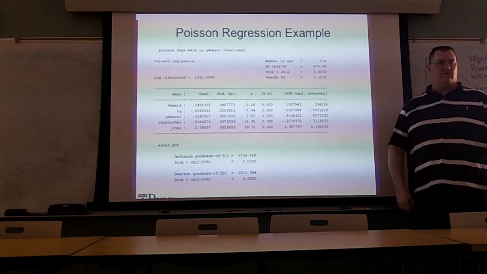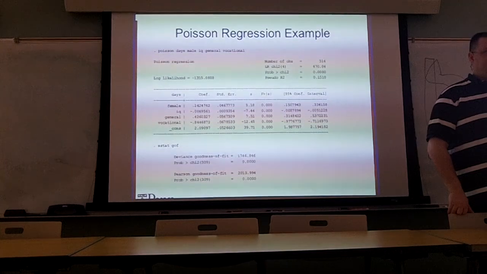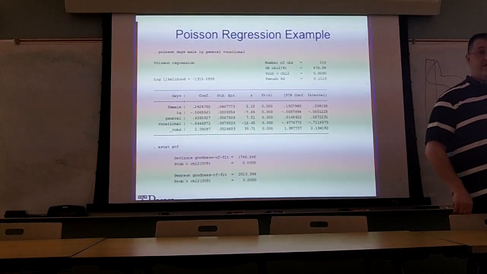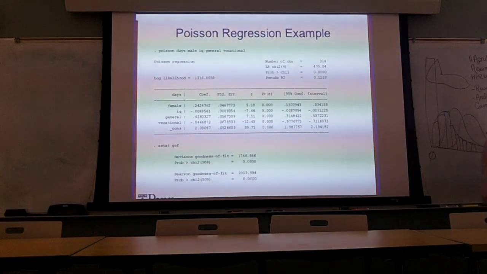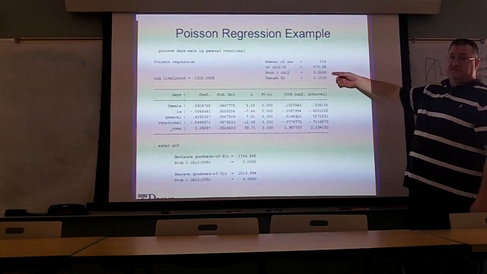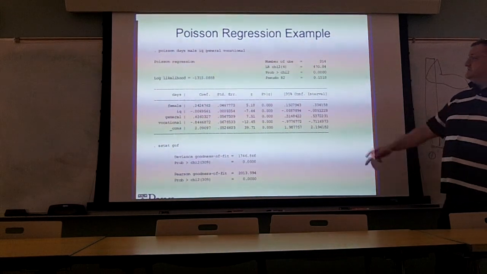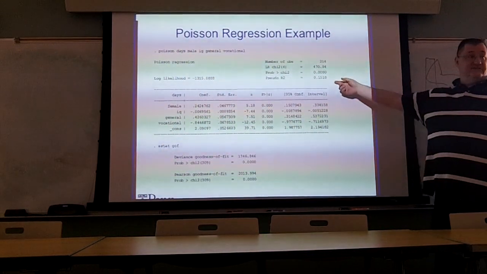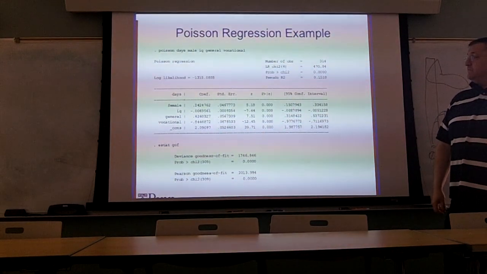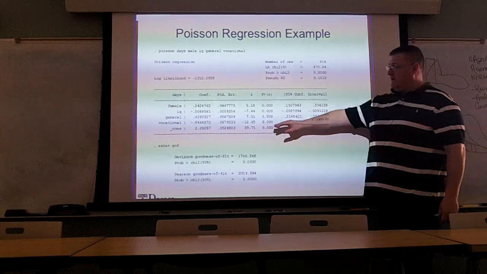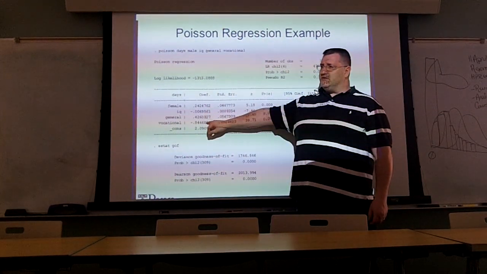What is this p-value? It's testing against the intercept-only model. Is the model better than nothing? We have some evidence to suggest that the model is better than nothing. This is our pseudo R-squared, McFadden's again. And remember, these are log values, just like we saw in the logistic regression.